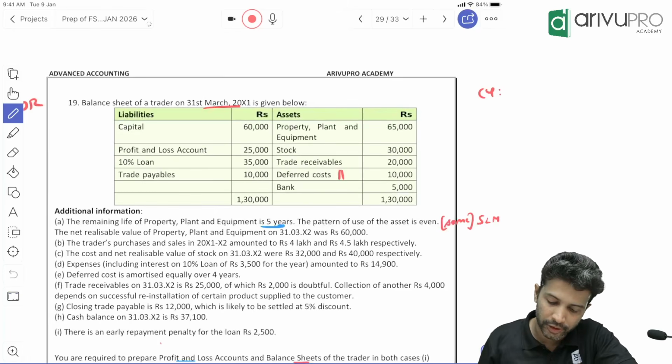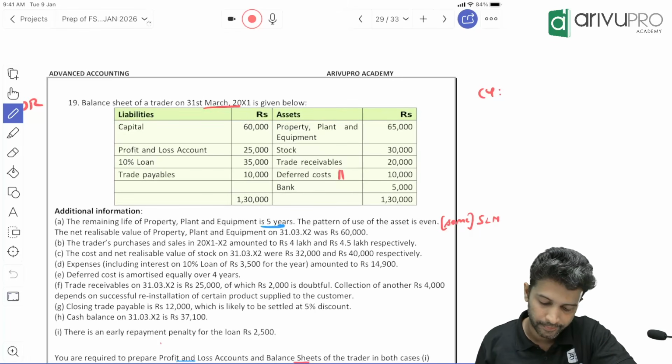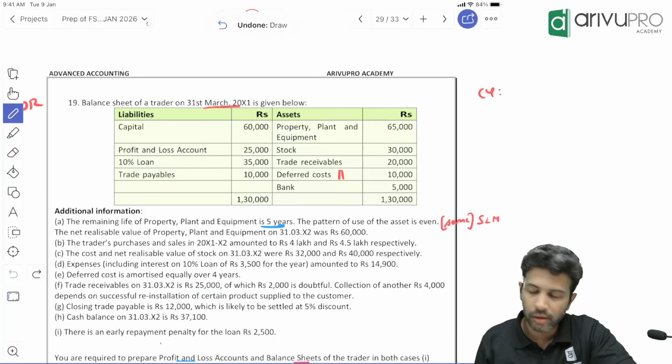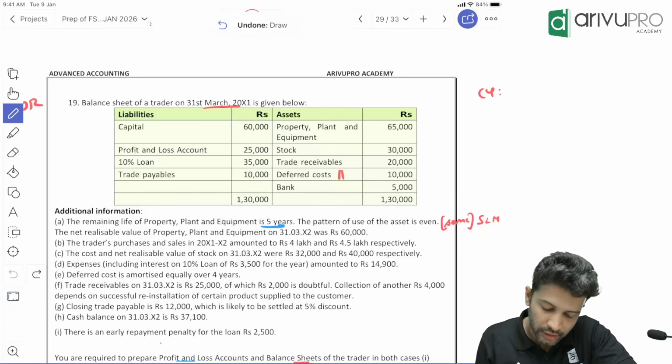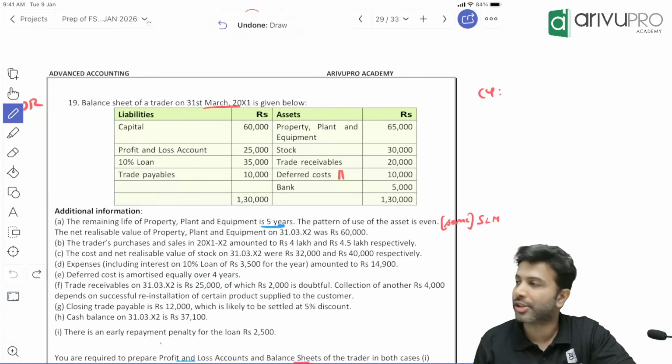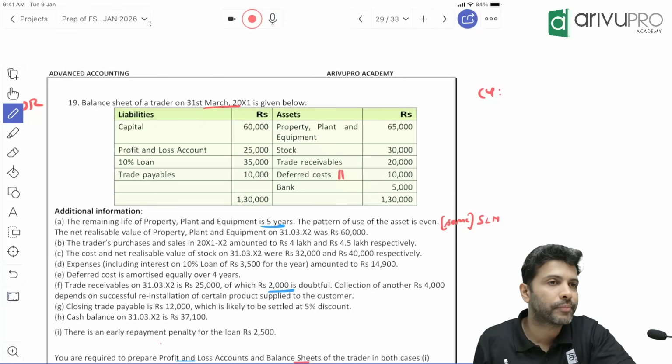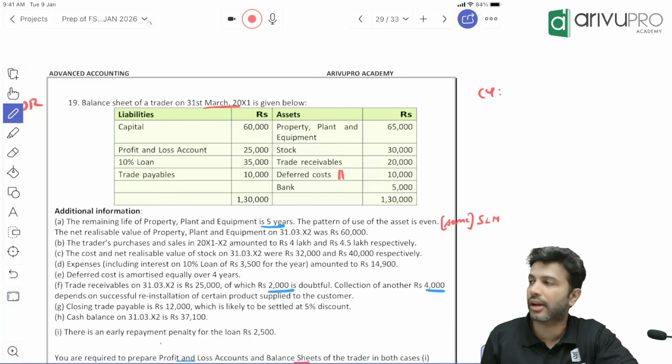Okay, next point. What is the next point? Trade receivable as on 31st March 20x2 is how much? 25,000. Okay, let's read it. Of which 2,000 is doubtful. Collection of another 4,000 depends on successful installation of a product.